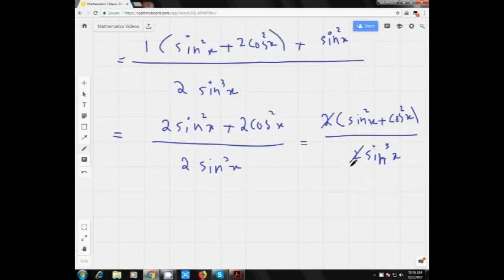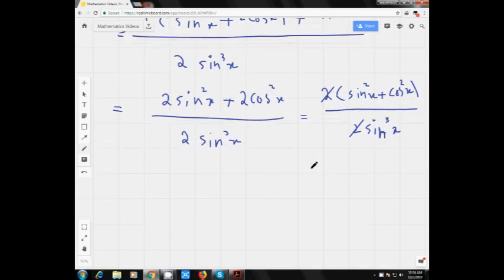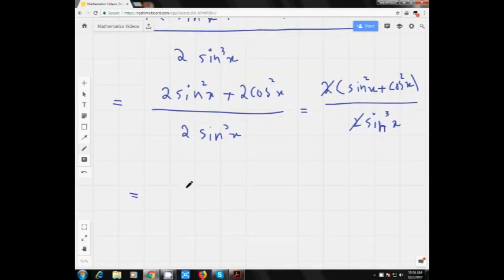This 2 and this 2 is cancelled. Numerator is sine square x plus cos square x, that is 1, and the denominator is sine cube x, that is cosecant cube x is your answer. Let me confirm it. Yes, it is cosecant cube x.